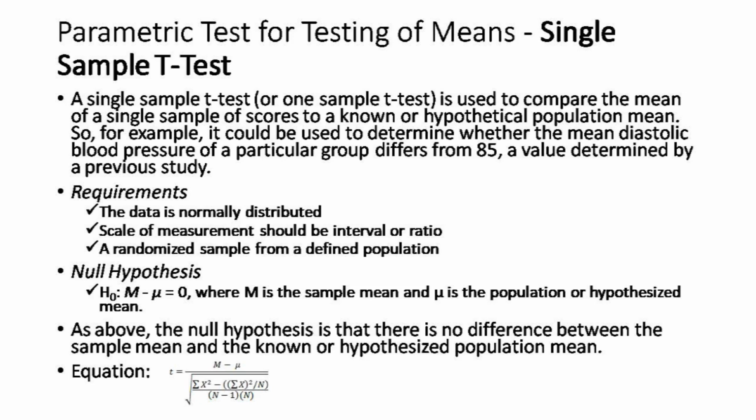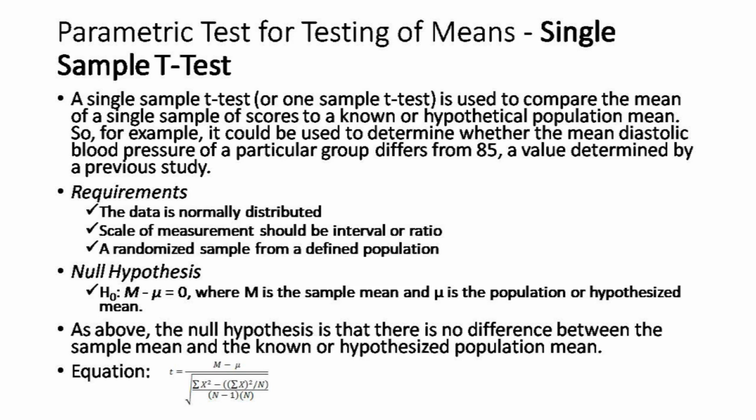Basically, in this, we need to find whether the population mean is equal to the hypothesized mean or not. That is, there is no difference between the sample mean and the known or hypothesized population mean.